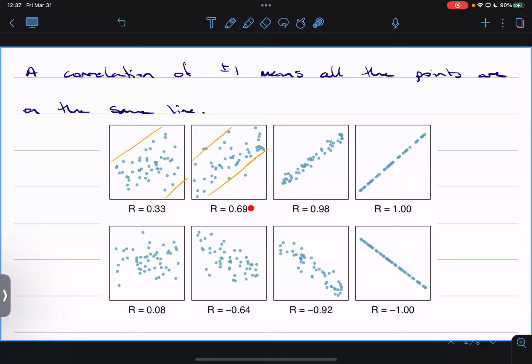The correlation is increasing. Notice 0.69 is still, we were classifying this as strong, right? But it's still quite a broad relationship here. So as a rule of thumb, what I usually say is, if you can see some sort of pattern, it's likely to be relatively strong or moderately strong.